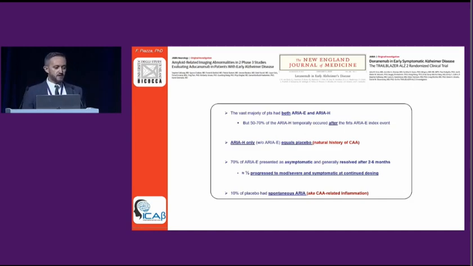However, 1/2 of these patients progressed to moderate, severe, and symptomatic presentation at continued dosing. And again, 10% of placebo had spontaneous ARIA-E. So is it correct to continue to call this presentation ARIA, based on what we learned in the first presentation, or is it better to call this CAA-related inflammation?